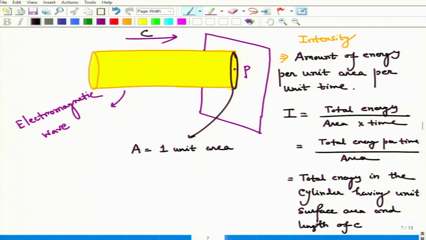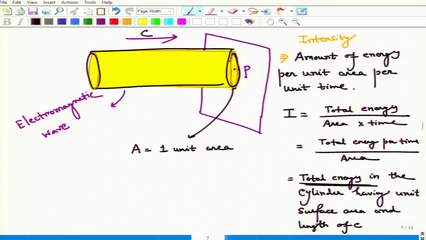What will be the total energy? This is the cylinder of length c and the cross-section area is the unit area. As I mentioned before, the intensity should be the total amount of energy imposed at a point P perpendicular to the plane of the propagating electromagnetic wave per unit area per unit time.